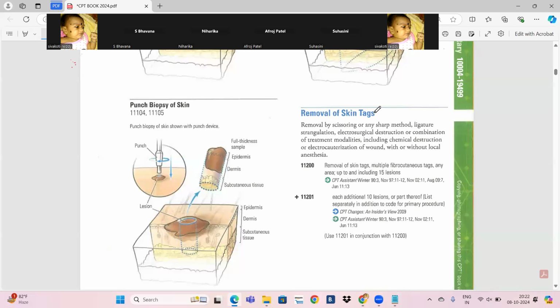Okay, removal of skin tags. Skin tags removal. Hello? Related connection, we will get any... I didn't get what you were saying. Related? Related connection. That's not the way. Sorry, I didn't get what you are saying exactly. At least you can text me.